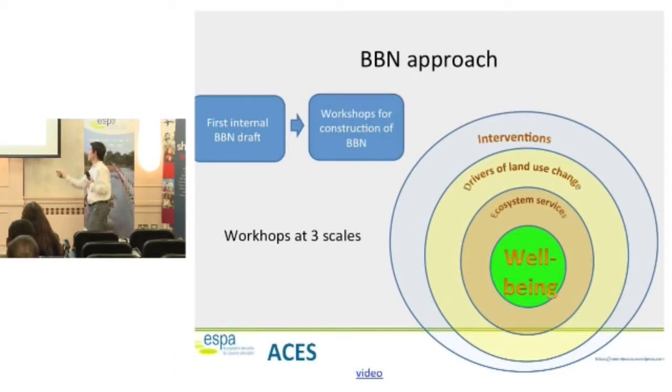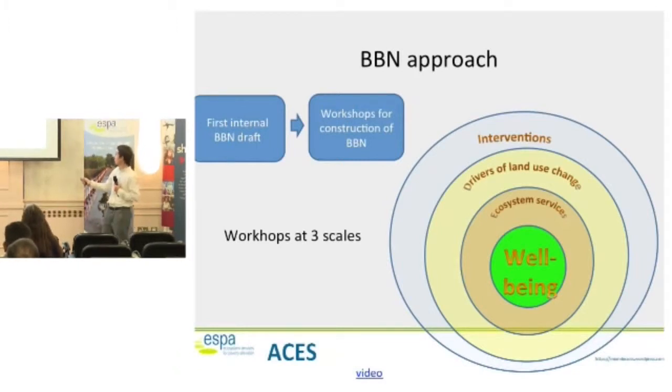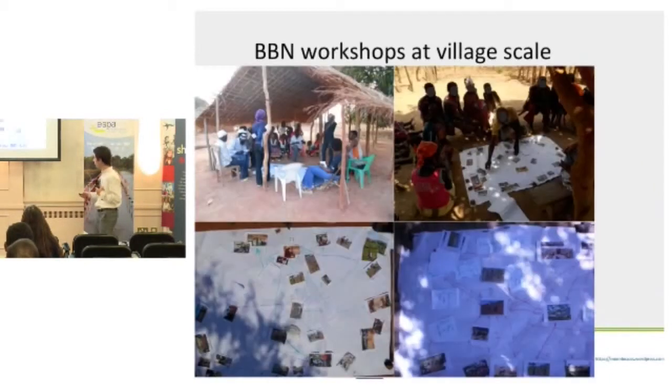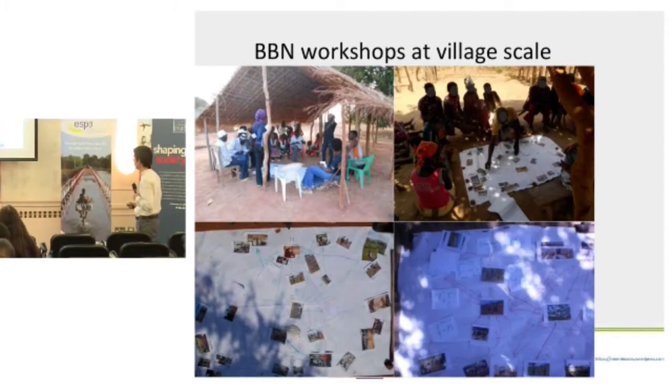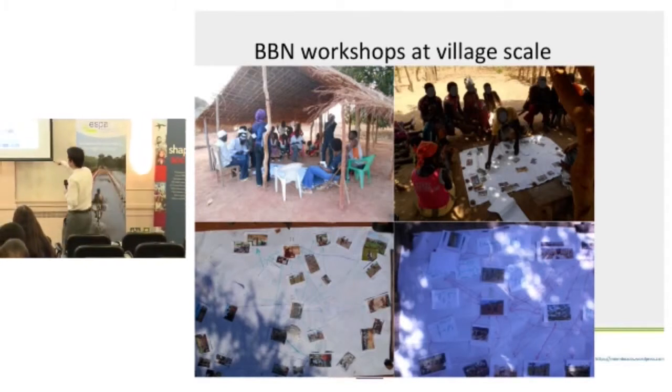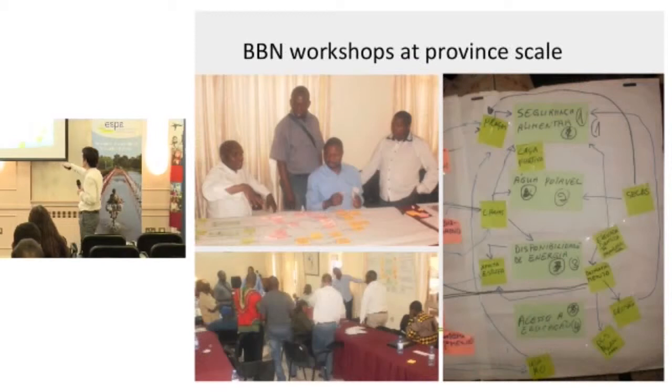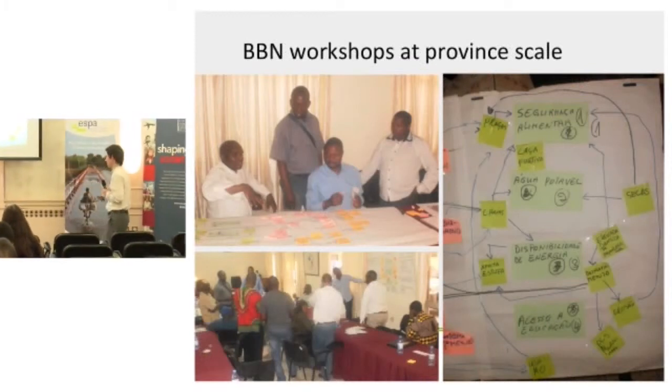We asked them for the most important components of well-being, what ecosystem services are needed to fulfill these well-being components, what drivers of land use change are more important for those ecosystem services, and what interventions could improve the situation. We did these workshops at village level, and these are the outputs we get, and these are at provincial level.